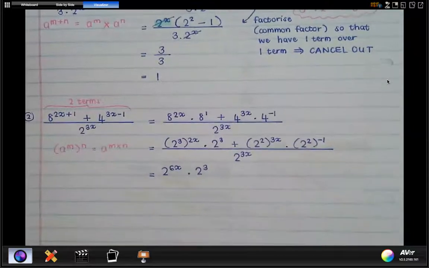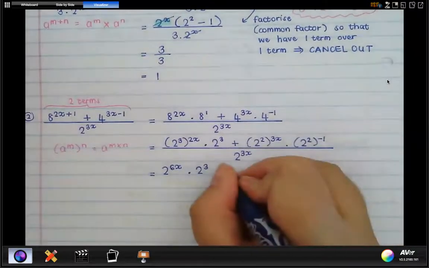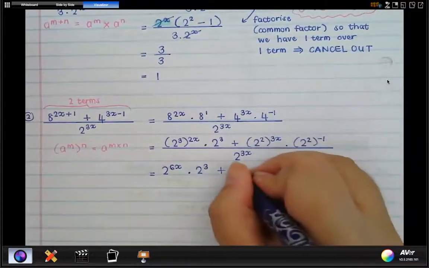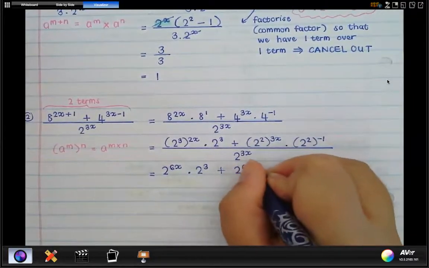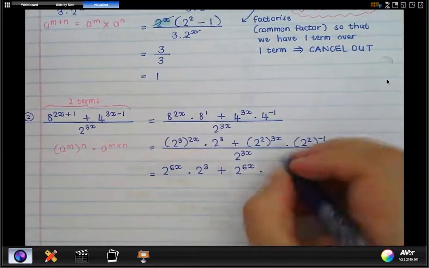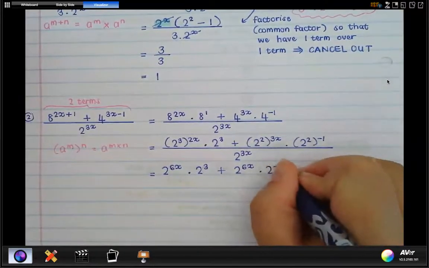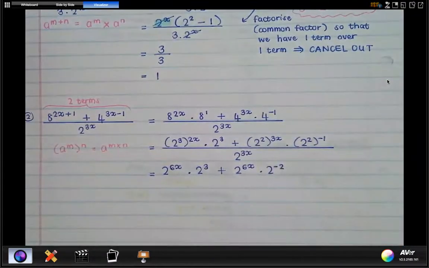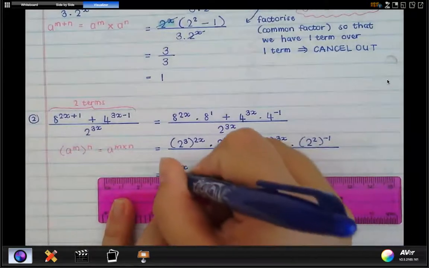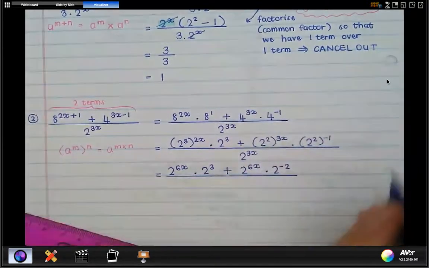Doesn't really matter, but it's fine. Let's just work with those bases. Plus, now we have 2 times 3x, and there's again 6. And here we have 2 to the 2 times -1, which is -2. Okay, at the bottom we have 2 to the power of 3x.